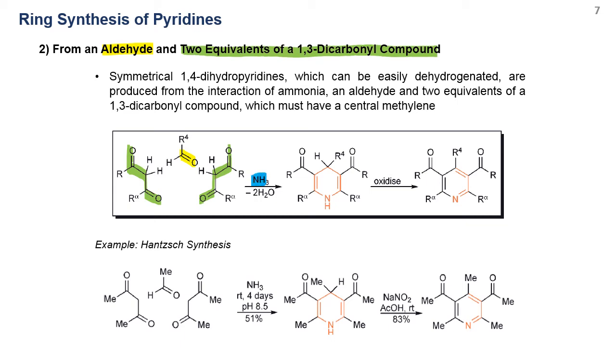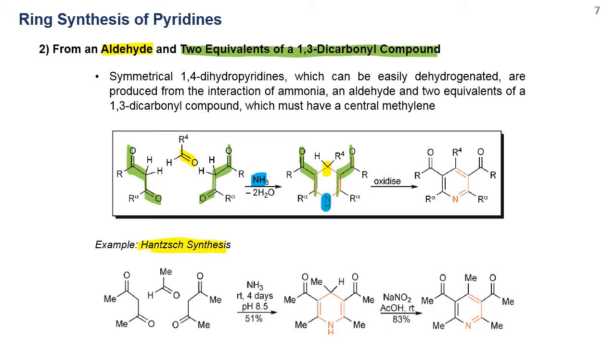So this will construct the almost pyridine-like structure that can be oxidized easily to form the pyridine. And the process is well known as Hantzsch synthesis.